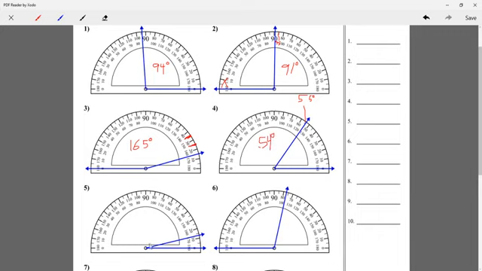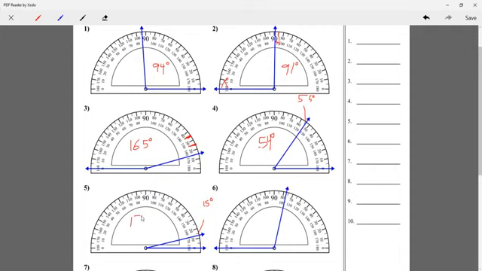All right, number 5. So we got 0 here, so we're using the outside. And then we have 10, and then 15 is this line right here. And it looks to be somewhere around halfway between 10 and 15, but a little bit closer to 15.